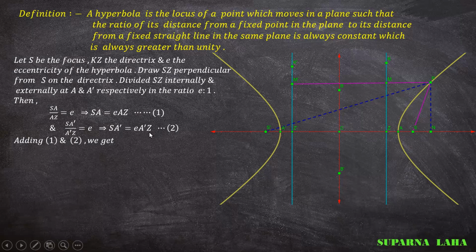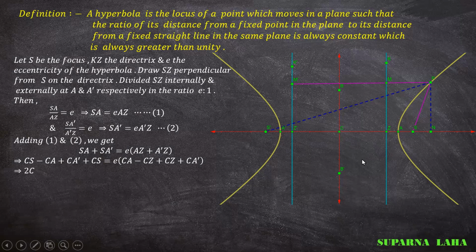So adding 1 and 2, SA and SA dash, this total distance. So just add them. What is SA? SA is CS minus CA, and SA dash is CA dash plus CS.